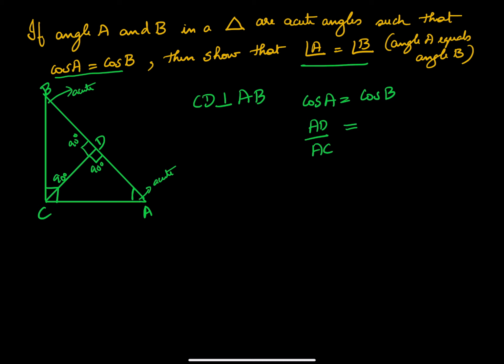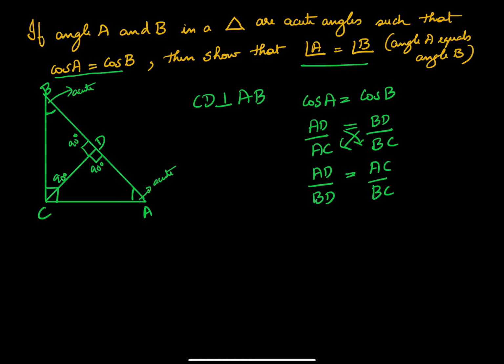Same way, cos B would be, if we are here, the adjacent side BD, and the opposite side of this 90 degree angle formed at point D is BC. Now if we interchange this, we will get AD by BD is equal to AC by BC.